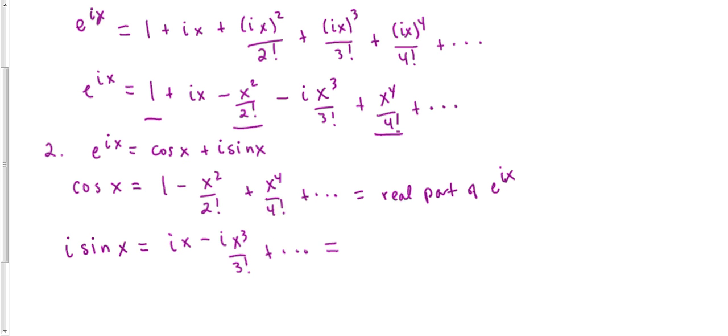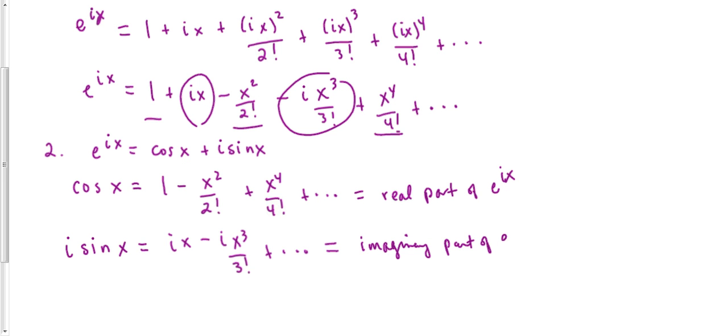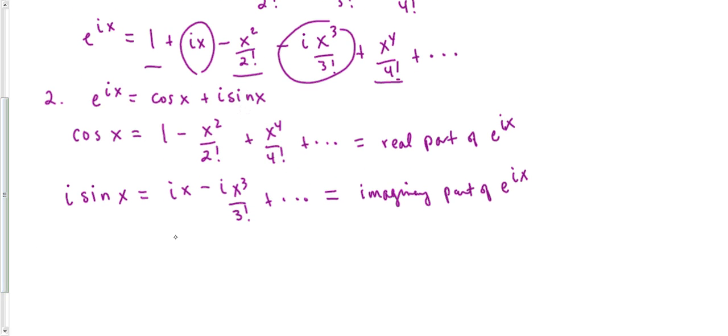And if you notice, that's equal to the imaginary terms of e to the ix. So if we add these two series together, we're going to get all of the pieces. So we do indeed have e to the ix is going to be equal to cosine x plus i sine x.